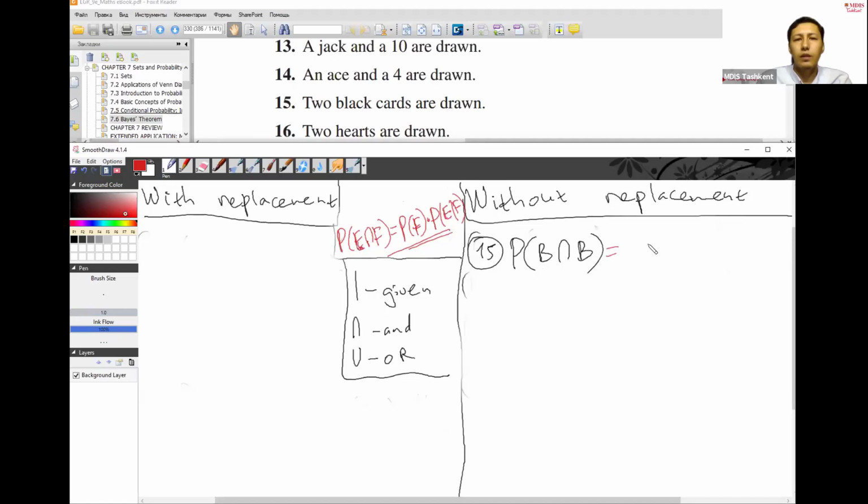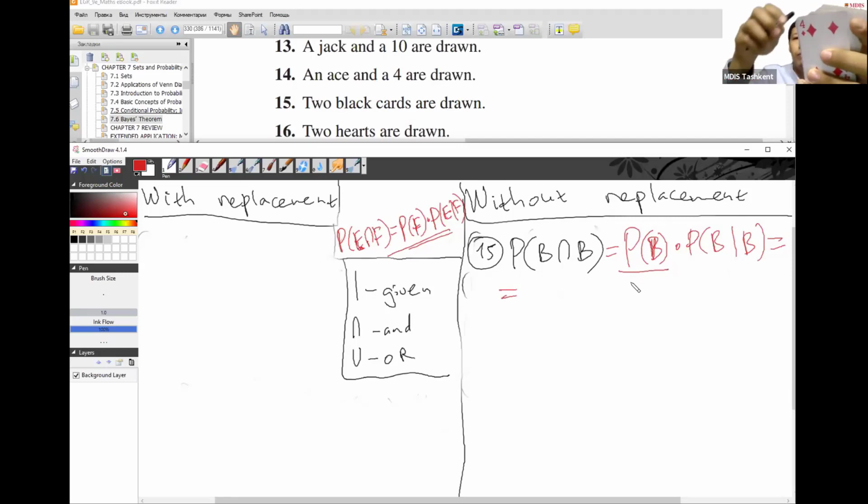So then it is equal to P(black) times P(black given black). If you use this formula, you get this one. First one is P(black). We have 52 cards. What is the probability of picking a black card? How many blacks? 26 out of 52.